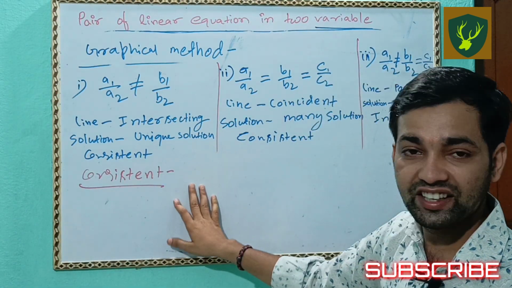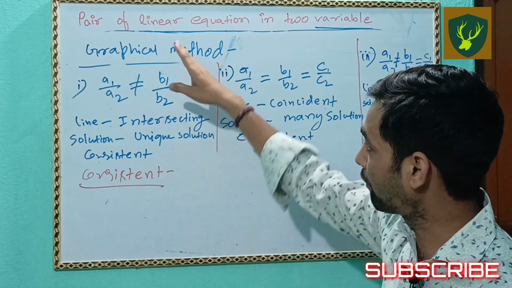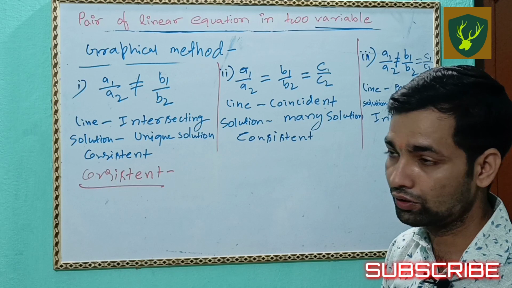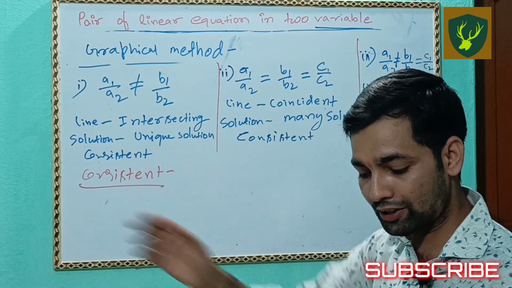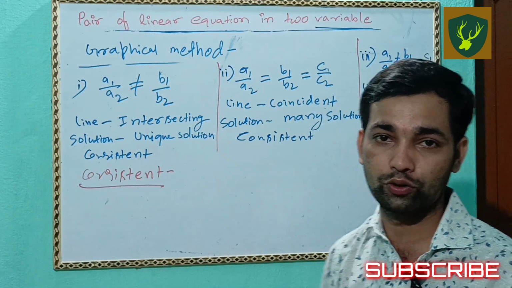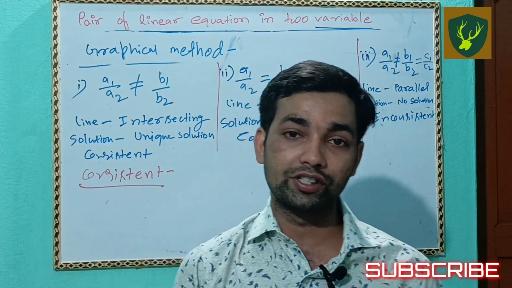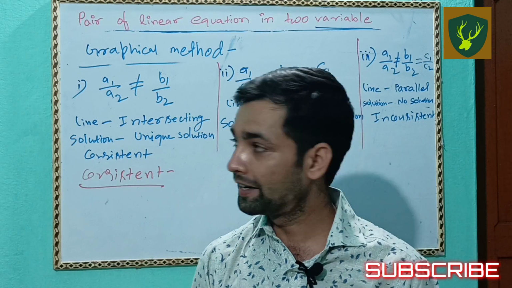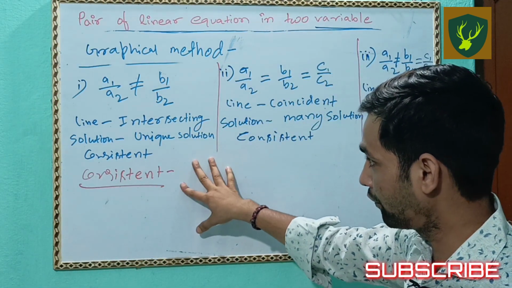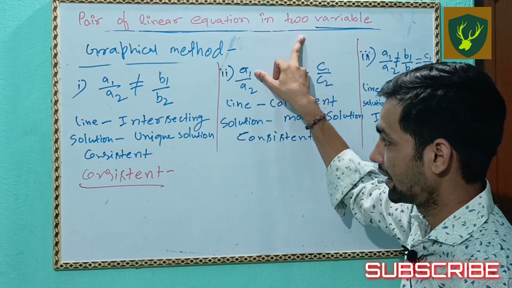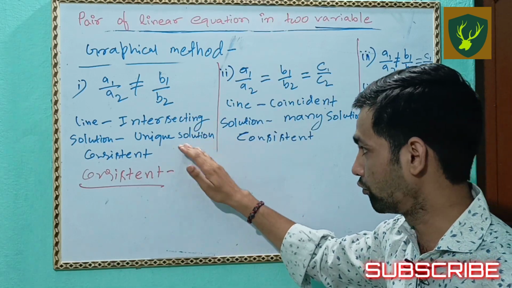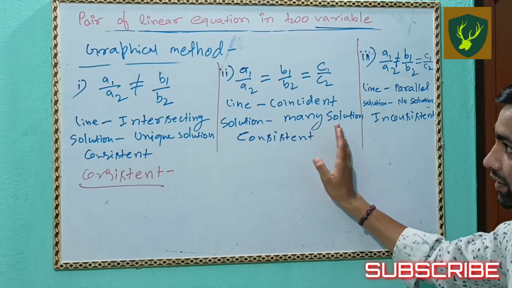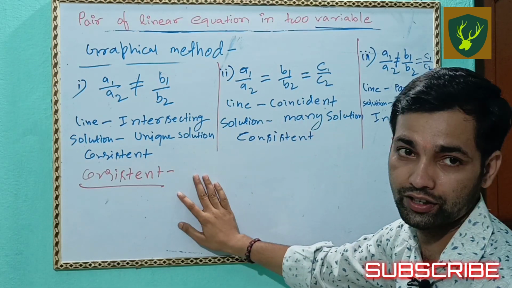हमारे पास consistent के या तो एक solution हो, pair of linear equation में x और y के एक solution हो, या फिर x के भी बहुत सारे solution हो और y के भी बहुत सारे solution हो, तो उनको कहते हैं consistent. Got it? Once more, if a pair of linear equations carries a solution, either unique or many, then it will be consistent.